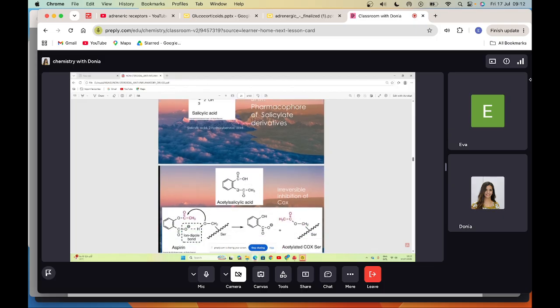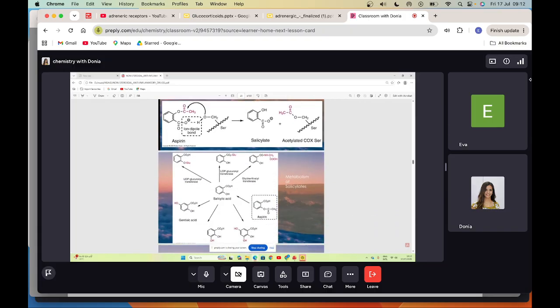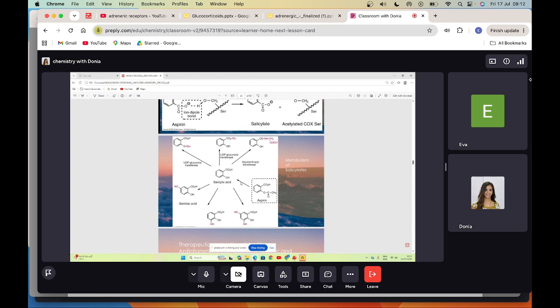An acetyl group on the OH is acetyl salicylic acid, which we call aspirin. We already mentioned how it irreversibly inhibits the COX. For the salicylic acid metabolism, since we have COOH and OH, the carboxylic or the hydroxyl can undergo phase 2 metabolism, either glucuronic acid conjugation, right?